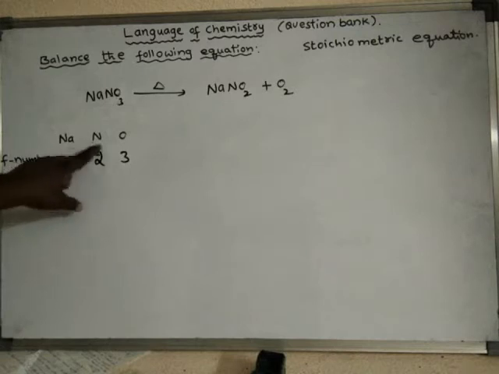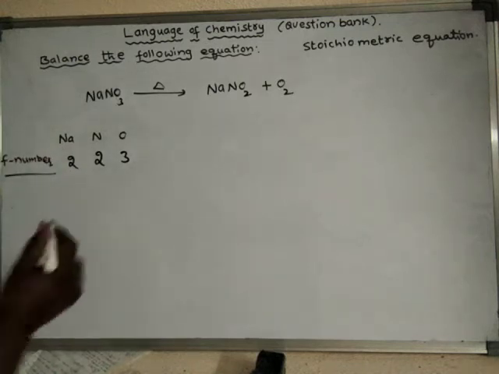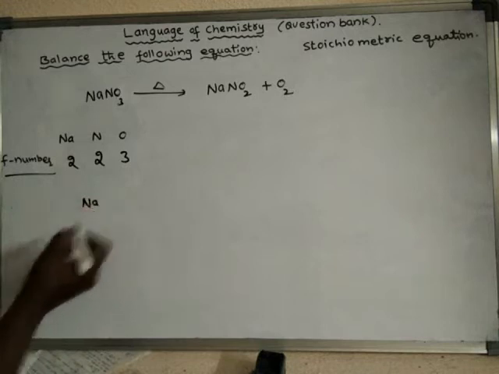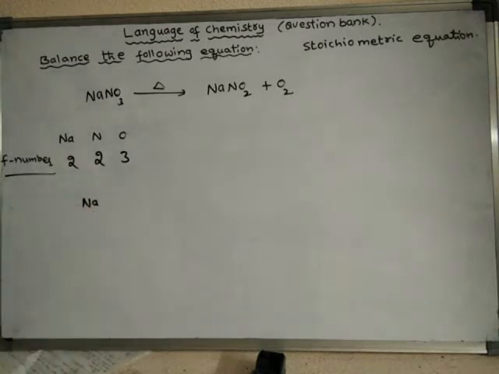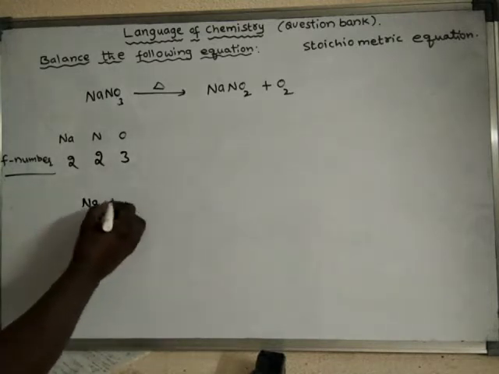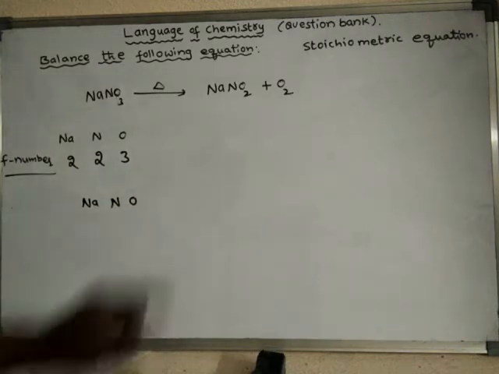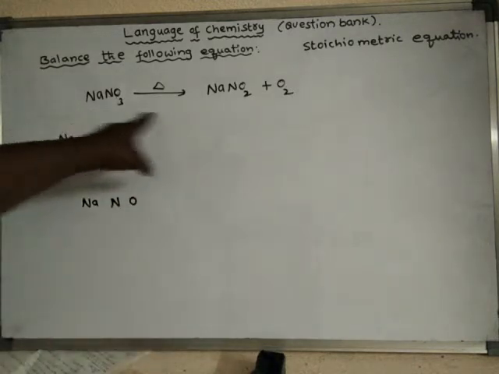Out of sodium and nitrogen, as they have the same frequency number, sodium, being a metal, should be written first. Next to sodium is nitrogen, and after that oxygen is written. So this is the order of balancing of elements in the equation.